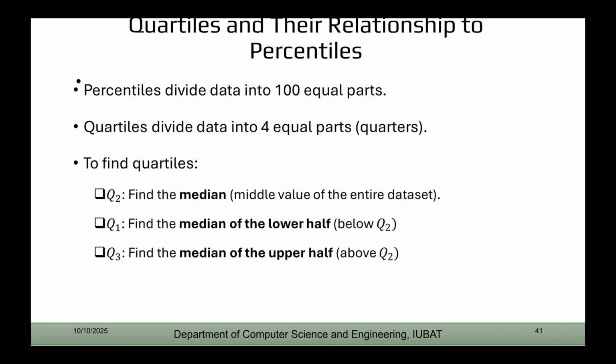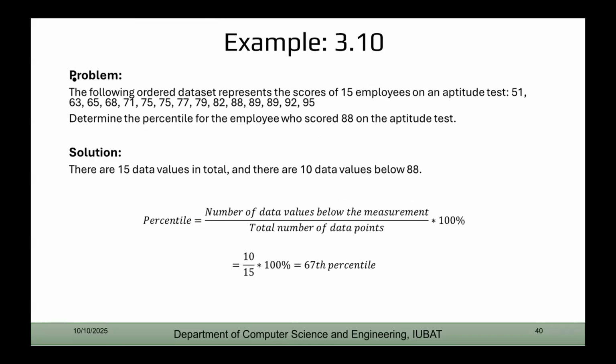So now, quartiles and their relationship to percentiles. Let's try to understand that. Look, percentiles divide data into 100 equal parts. That's why your denominator is the total number of data points.